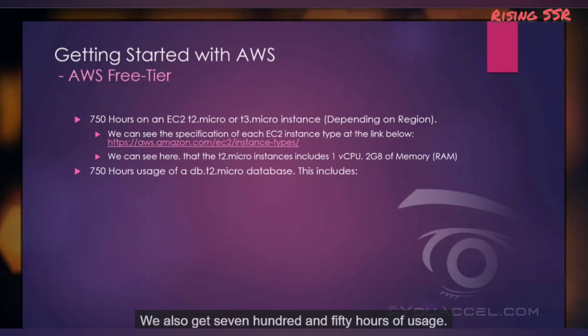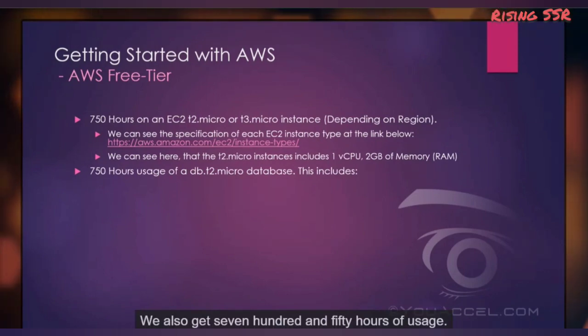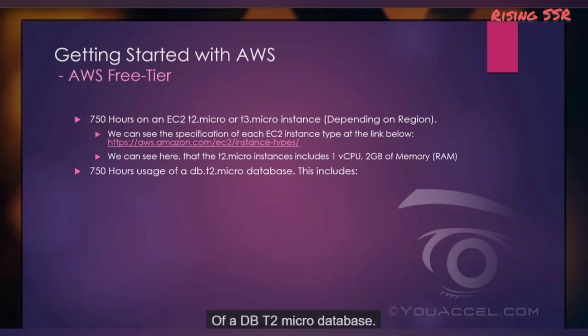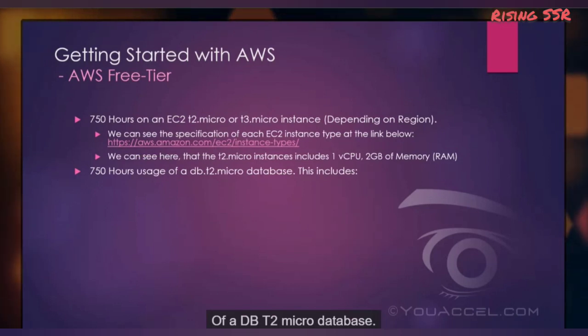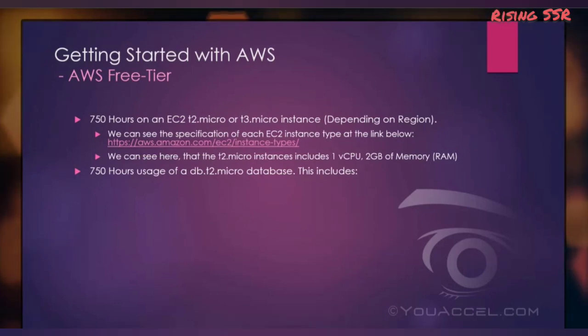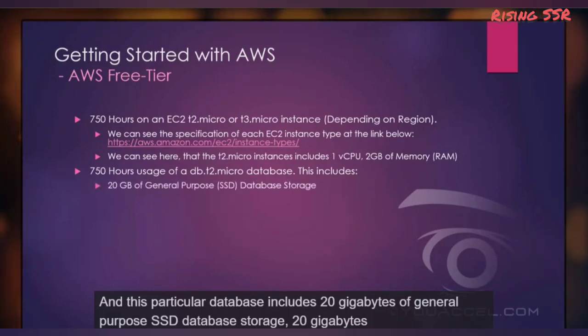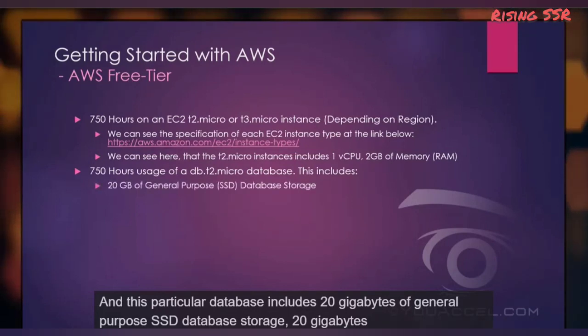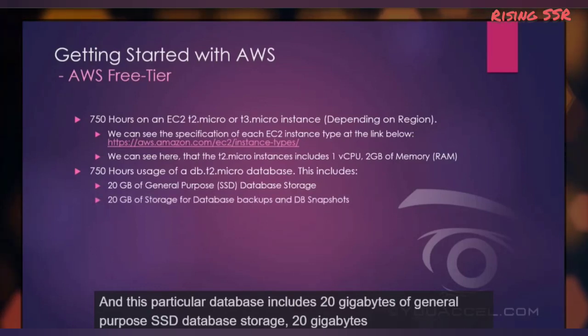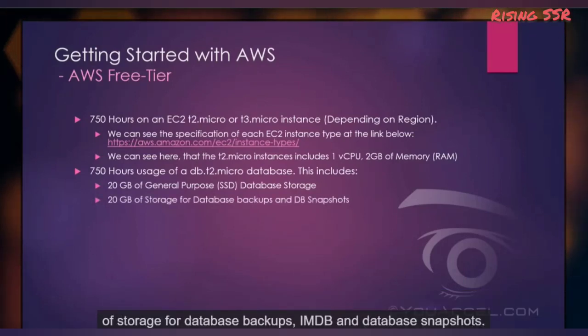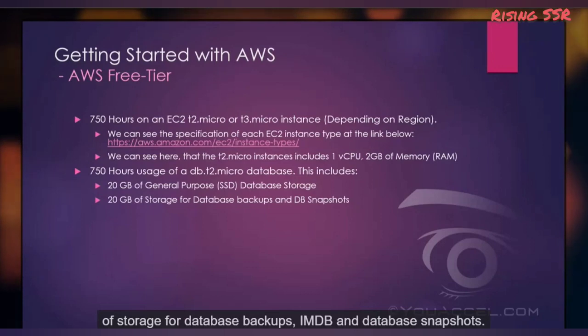We also get 750 hours of usage of a DB T2 Micro database. And this particular database includes 20 GB of general purpose SSD database storage, 20 GB of storage for database backups and database snapshots.